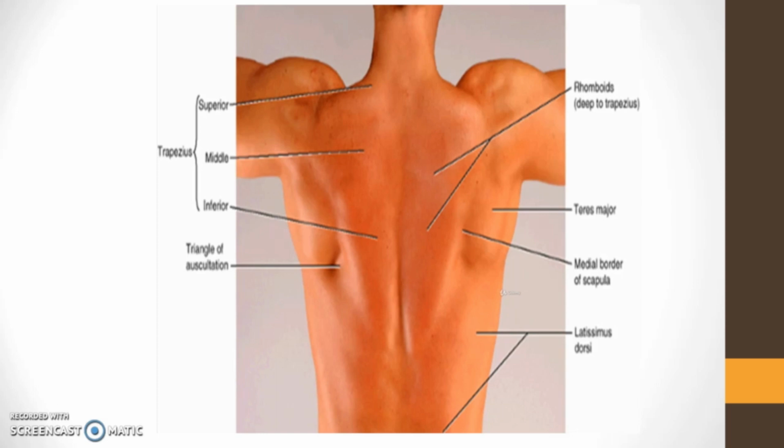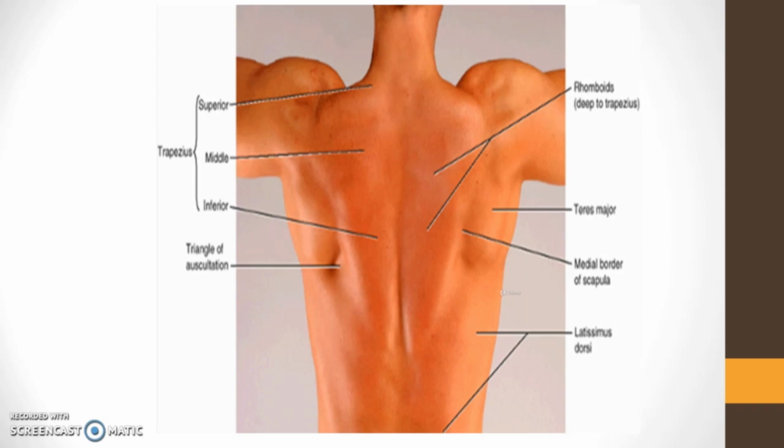The triangle of auscultation is used during esophageal obstruction; at that time they hear a splash of swallowed liquids. If they keep the stethoscope at this region, they can hear that sound, and by that they can understand it is an esophageal obstruction. Near this region we also have the cardiac orifice of the stomach. So that's all about the details of the triangle of auscultation.